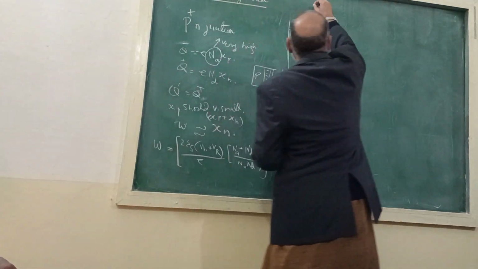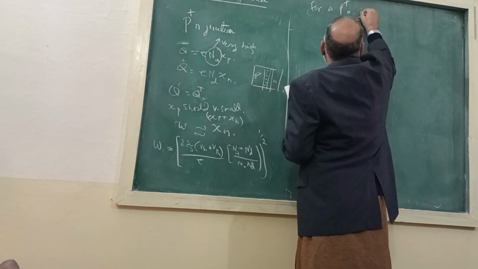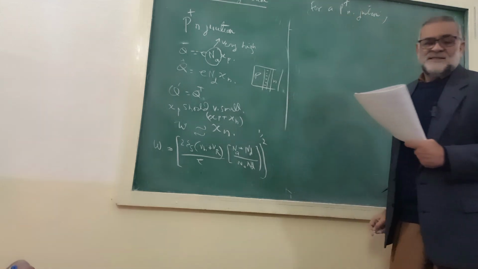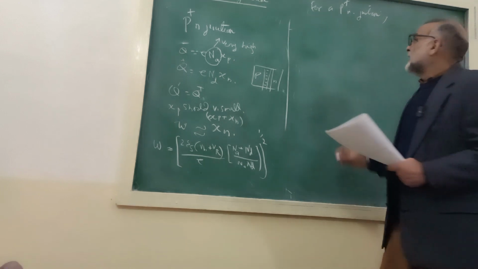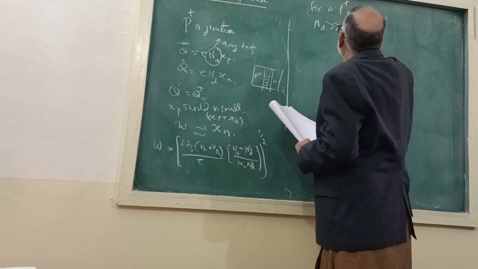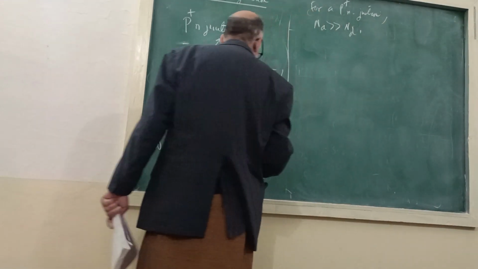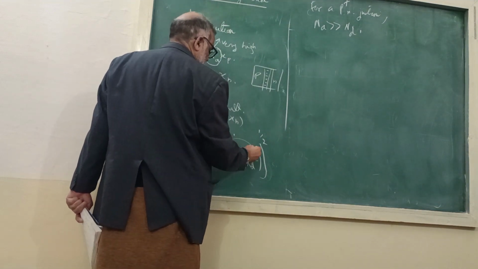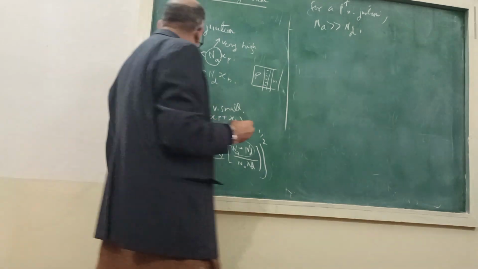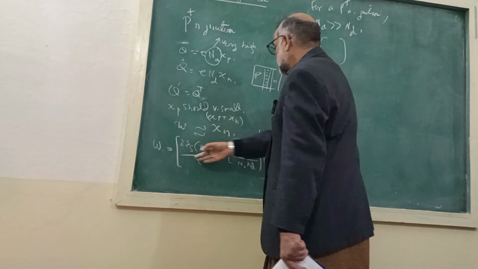Now for a P plus N junction, N A should be very much greater than N D. Which means N A is very much greater than N D, so this can be replaced by N D. Exactly. So we can write W is equal to this thing.